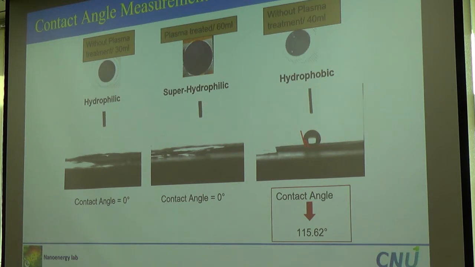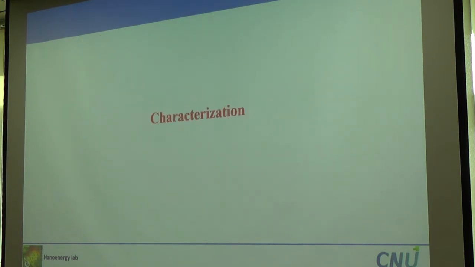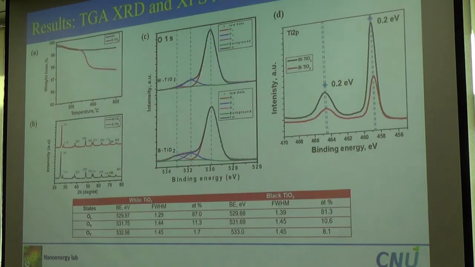The contact angle is 0, it is super hydrophilic. The next one is the hydrophobic one, where the loading amount is 40 ml, and the average contact angle is 5.62 degrees. So the next one is the characterization.